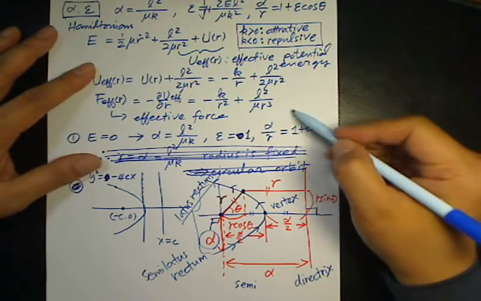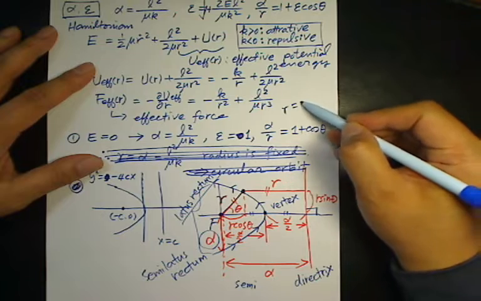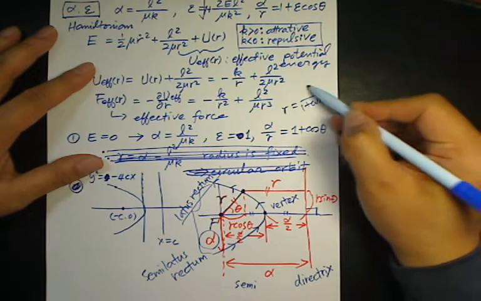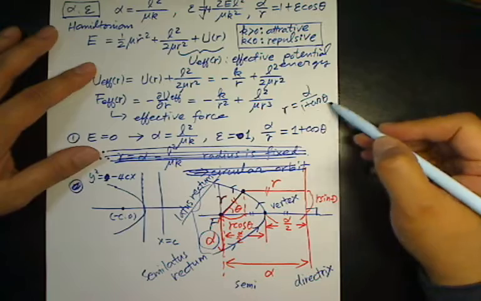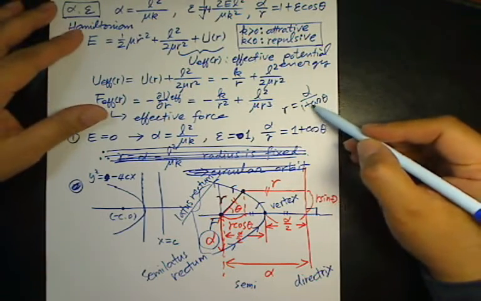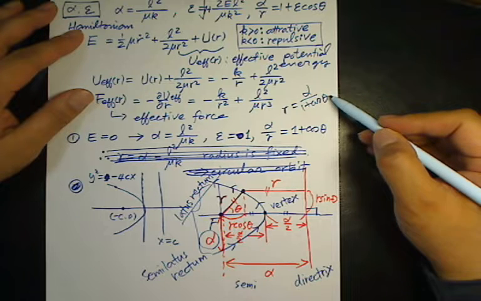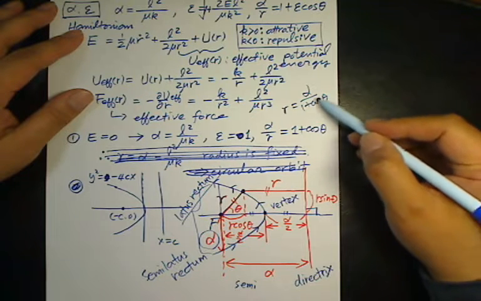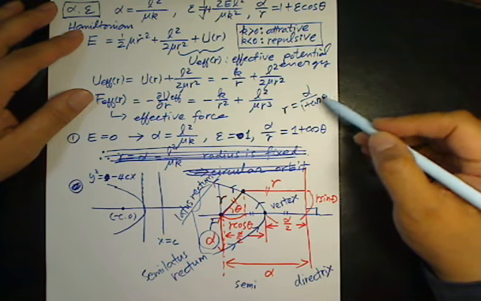We expect that r equals alpha over 1 plus cosine theta, and the minimum value of r is alpha over 2, right? One half of alpha, when theta equals 0.